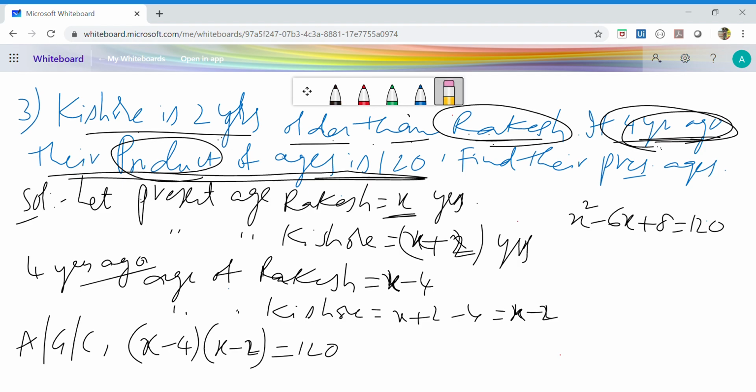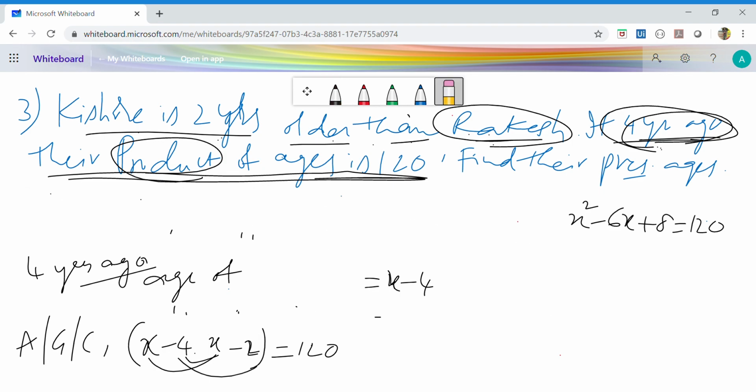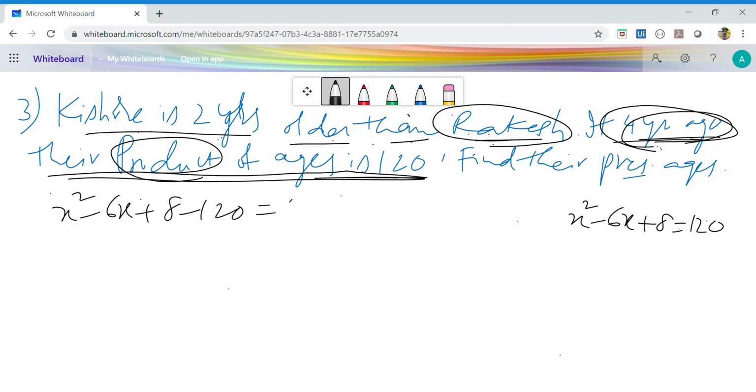So this is x minus 4 into x minus 2: x into x, x into minus 2 is minus 2x, minus 4 into x is minus 4x, and minus 4 into minus 2. That is a binomial product, x square minus 6x plus 8 is equal to 120. Then simplify this: x square minus 6x plus 8 minus 120 is equal to 0. So x square minus 6x minus 112 is equal to 0.